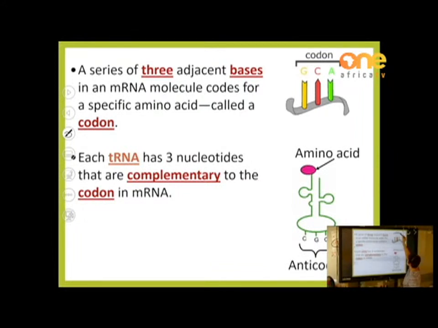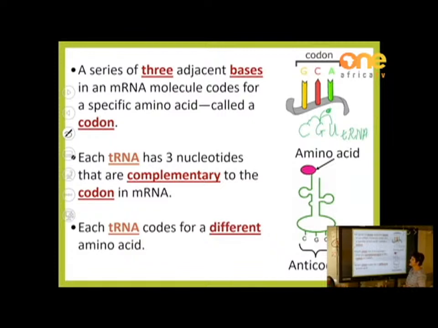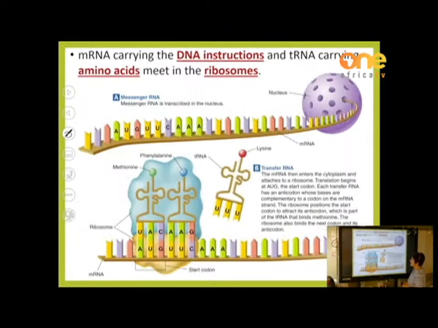What will be the complement of this codon? G will have a C, C will have a G, A will have a U, because we are talking about RNA, and this will all be attaching to a specific amino acid on the tRNA. Right, so each tRNA codes for a different amino acid. Messenger RNA does transcription.